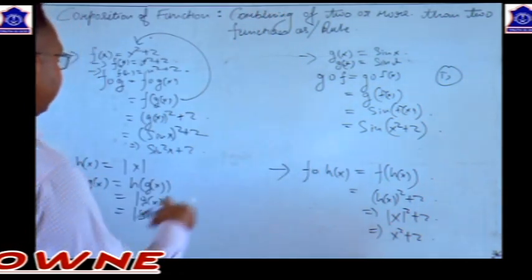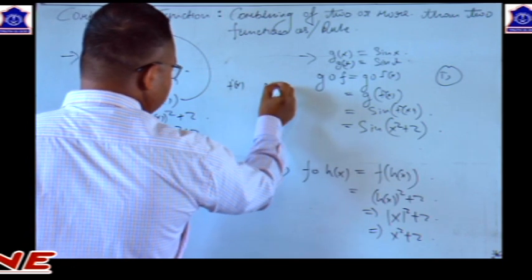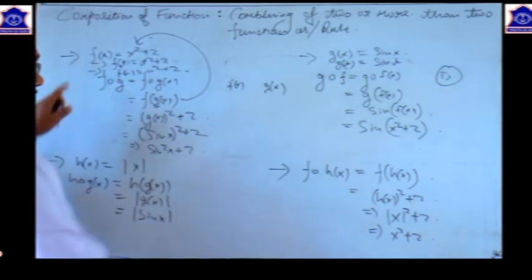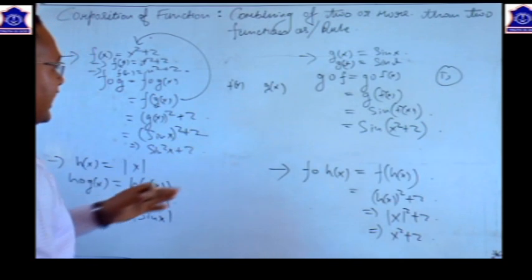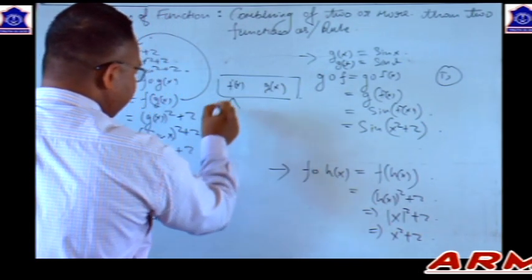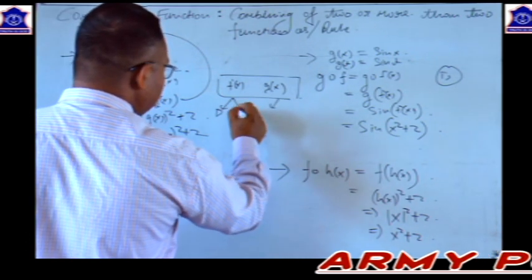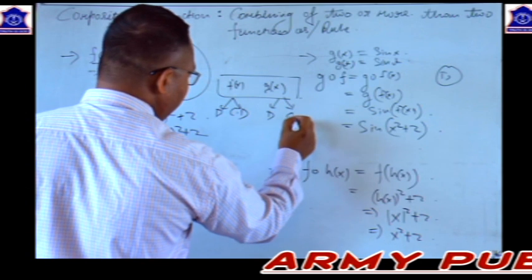कहने का मतलब ये है, आपने यहाँ पे fx एक फंक्शन लिया और gx एक फंक्शन लिया. Here we have taken a function fx and another function gx, और हमने इन दोनों फंक्शंस को कंबाइन किया. और आपको पता है कि fx का डोमेन होता है और gx का भी एक डोमेन होता है और एक कोडोमेन होता है.